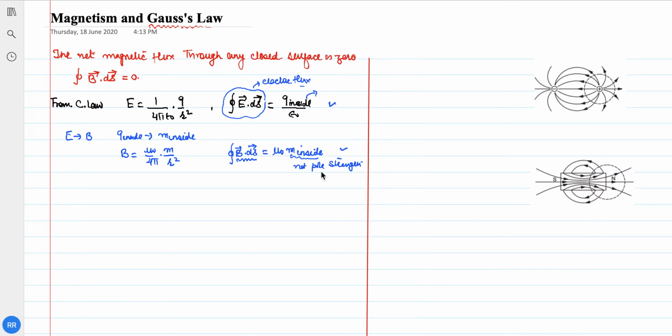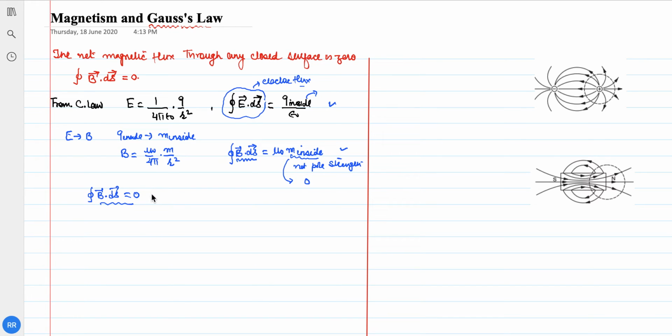So the net pole strength because of a magnetic dipole is always equal to 0. If this part is always equal to 0, what does this mean? This means that B dot dS is always equal to 0.